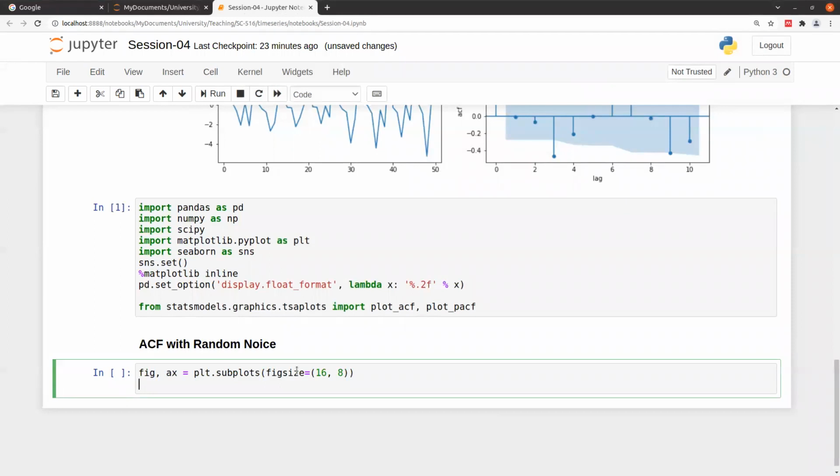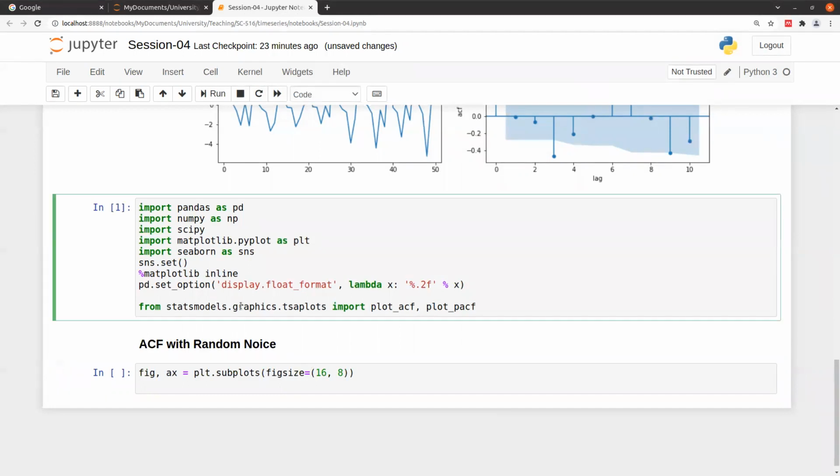Then I'm going to plot the ACF, which is available in statsmodels graphics tsa plot, where we have plot_acf and plot_pacf. We can directly import them.